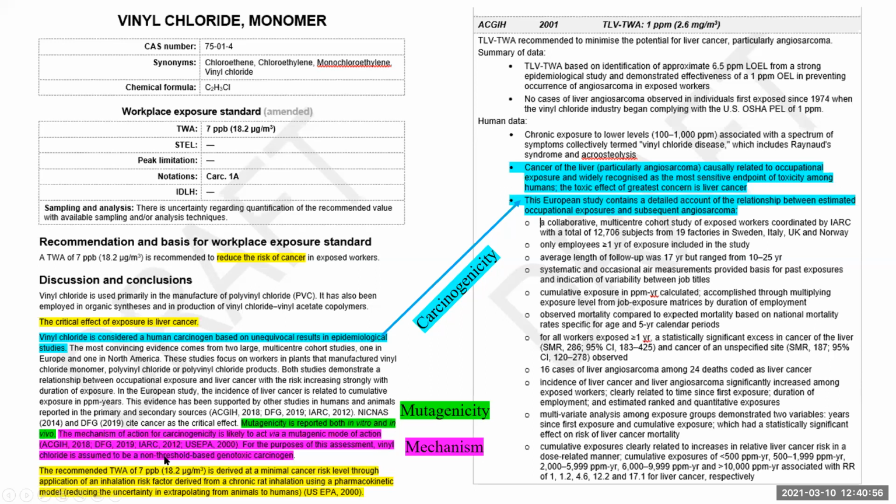And there was a mechanism likely to act via a mutagenic mode of action, and that information came from these primary sources and secondary sources as well. We got ACGIH, DFG, which is the Germans. So for the purpose of this assessment, vinyl chloride is assumed to be a non-threshold based genotoxic carcinogen.